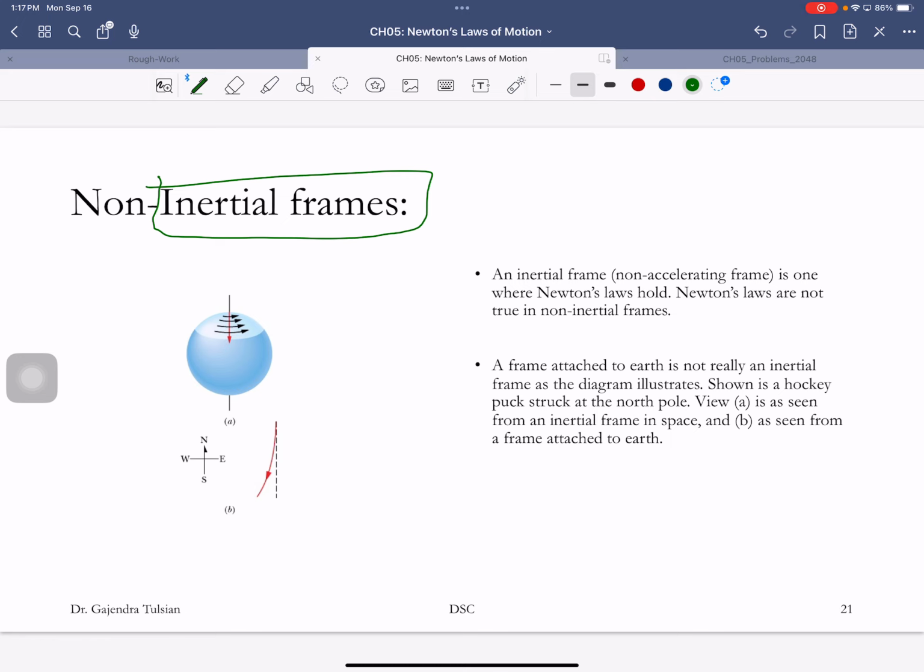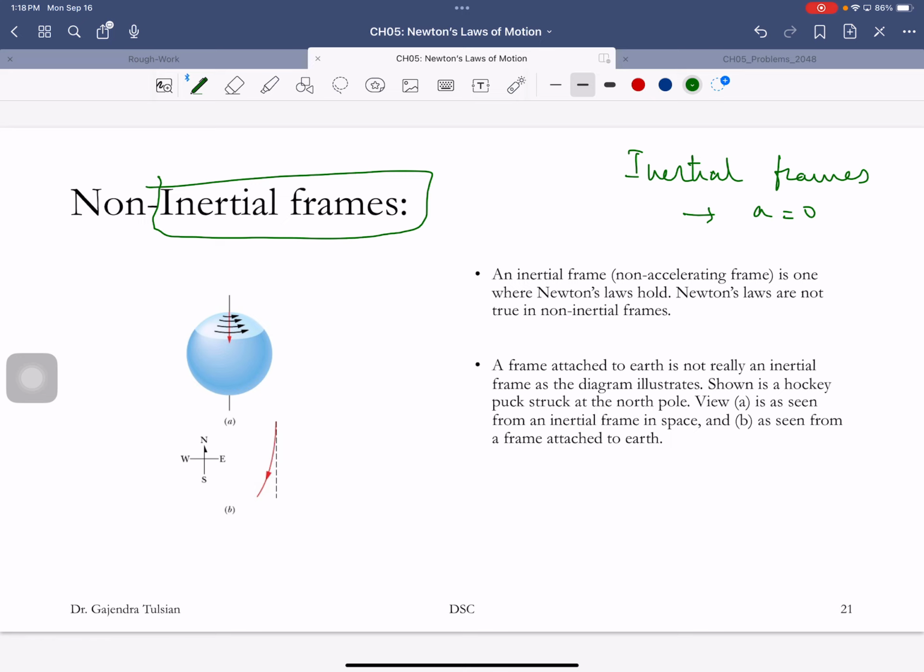Okay. So inertial frames, not accelerating. So a non-inertial frame is anything that is accelerating. Okay. So for instance, if this room is at rest, this is an inertial frame.